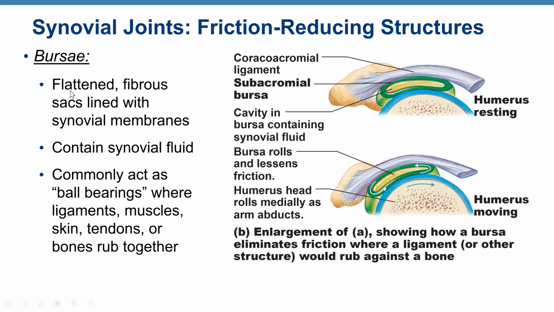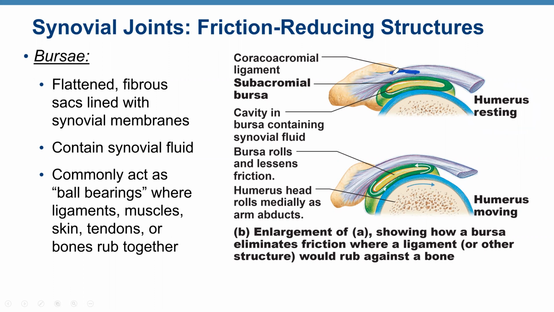Bursa. Bursae are flattened fibrous sacs lined with synovial membrane. So if you look over here, that's a shoulder joint. And this is our coracoacromial ligament. And this is a humerus. Now, imagine that's your shoulder, right? So your humerus moves pretty much all the time. So you have a movement of humerus.